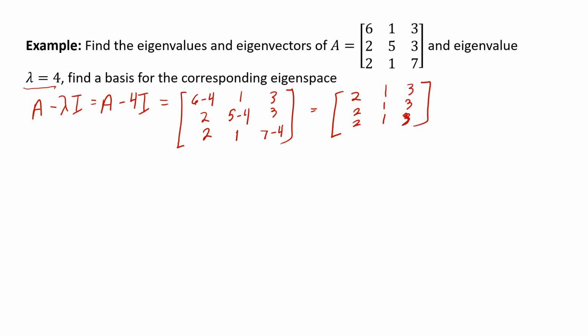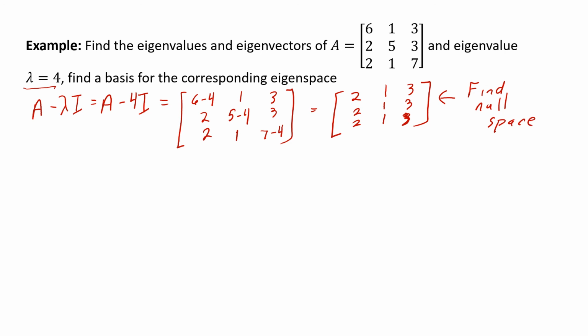Notice what we're getting here. You can already see that you're getting linear dependence in all your rows and columns. So now we are looking for the null space of this matrix.